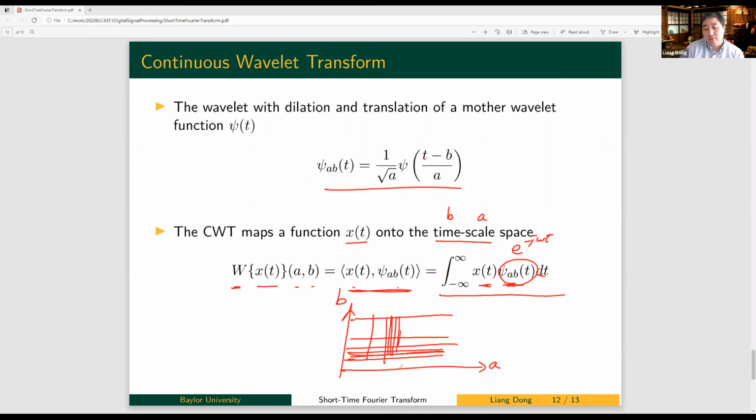So if you look into somewhere here, this box will show you the wavelet transform of something that you focused on at a, and focus on this b, shifted onto this b. So using that can really do a very nice job to analyze the input signal x(t).